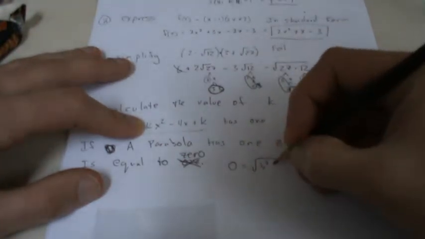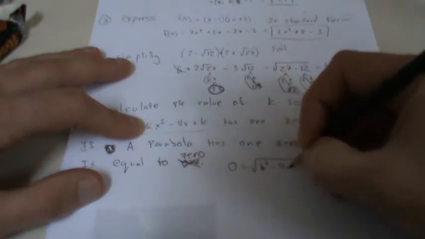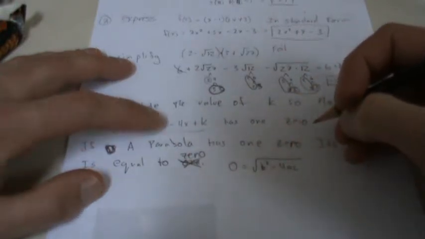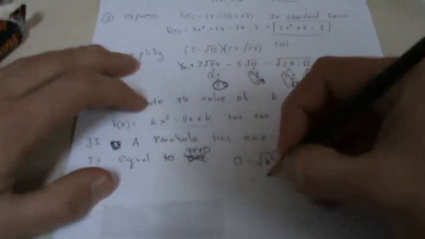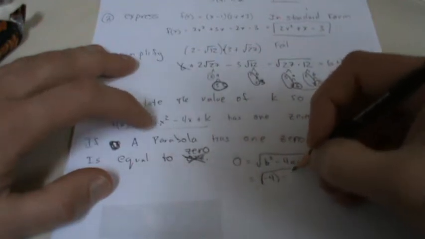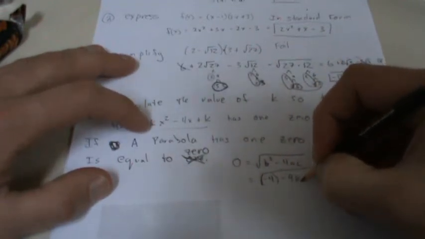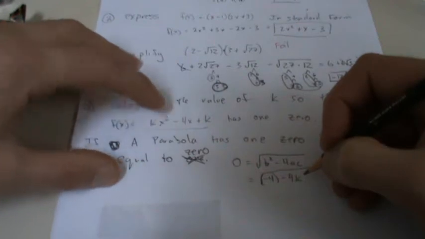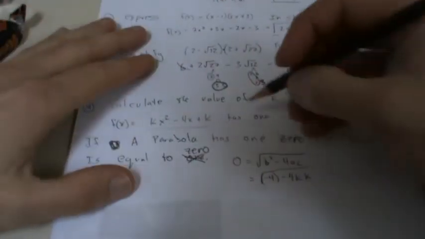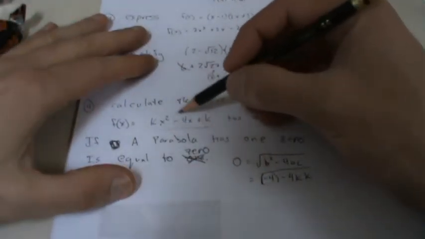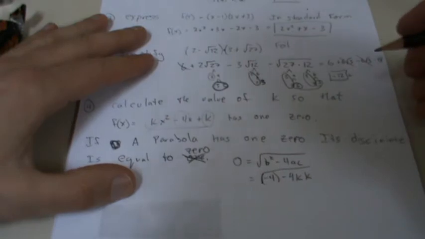And now the discriminant is b squared minus 4ac. So I have a negative 4 squared minus 4 times k times k, because my c value is k, my b value is negative 4, my a value is k.